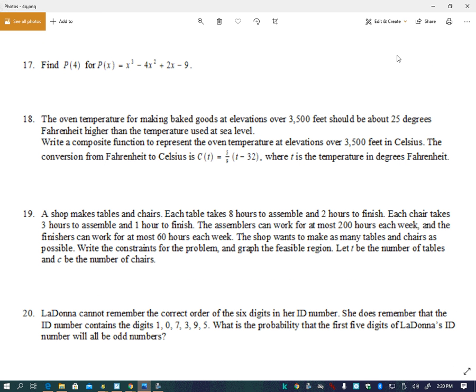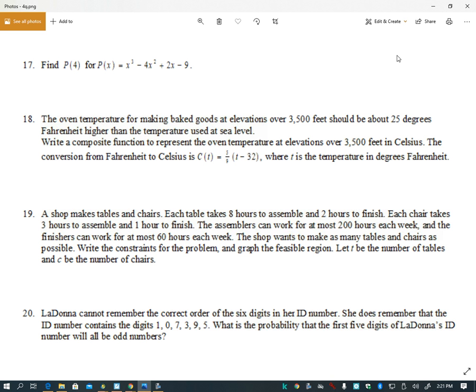Okay. The oven temperature for making baked goods at elevations over 3,500 feet should be about 25 degrees Fahrenheit higher than the temperature used at sea level. Write a composite function to represent the oven temperatures at elevations over 3,500 feet in Celsius. The conversion for Fahrenheit to Celsius is 5/9 times the temperature minus 32, where T is the temperature in degrees Fahrenheit.